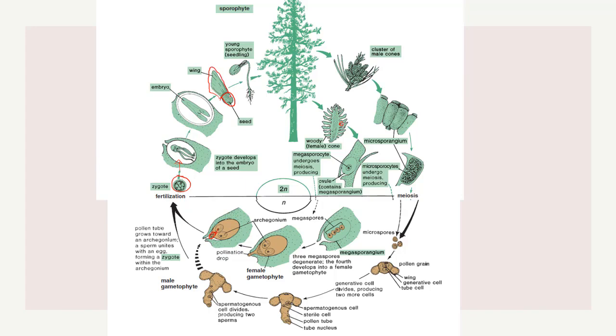When it's mature, it will develop a structure like this, so it has a seed and a single wing. And when it's mature, the strobilus becomes dry, and then the wind will bring the seed and spread it. So the wind not only helps with pollination, but also helps them to disperse.